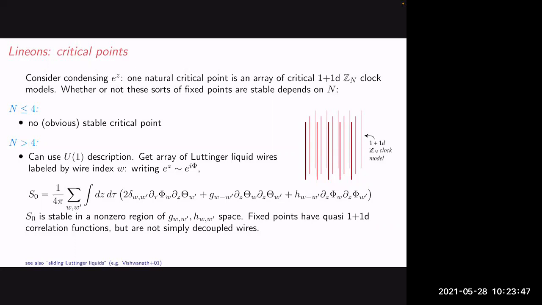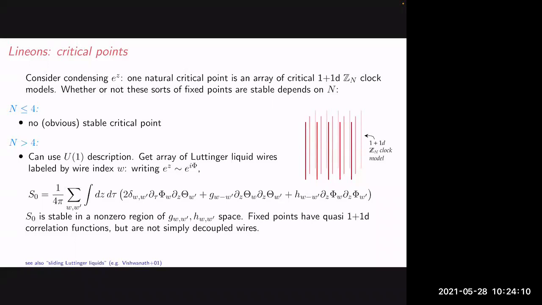Usually when n is small like this, there are some operators that couple these chains together, which lead to a trivial gapped phase. That's not to say that there are no stable critical points, but I just haven't found them. And if they do exist, they don't look like what I've been describing.